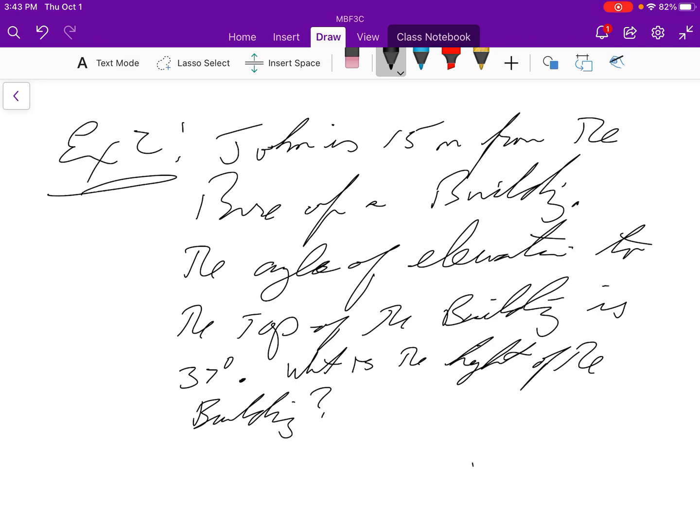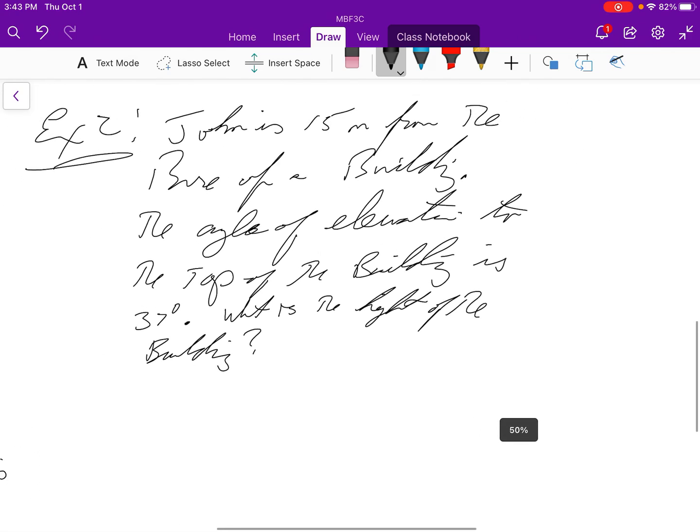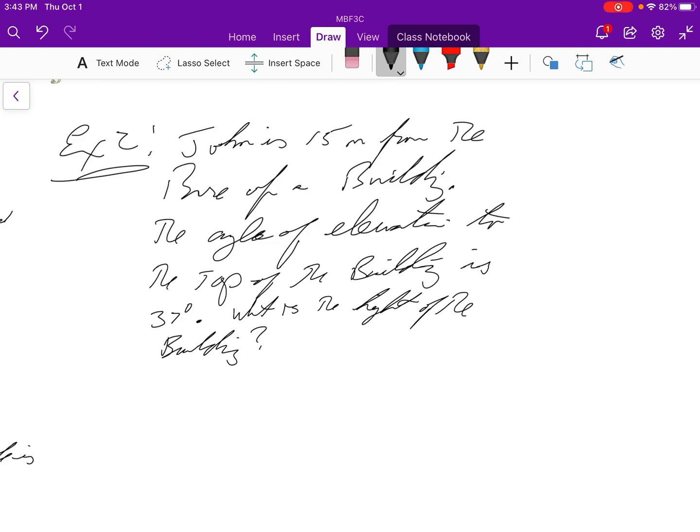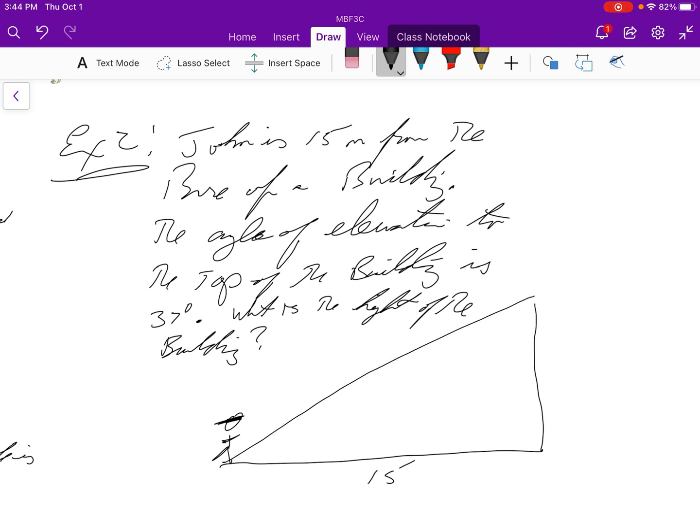Okay? So in this case, you draw the diagram, right? John is over here. He's 15 meters away from a building. All right? The angle of elevation. Now, you could do eye height and say, okay, we have to add a little bit, but because it doesn't give us any height for this John, we're going to say that the angle of elevation starts at his feet.